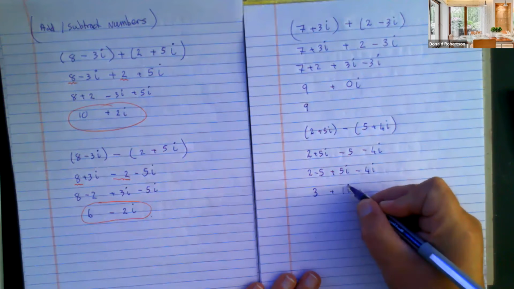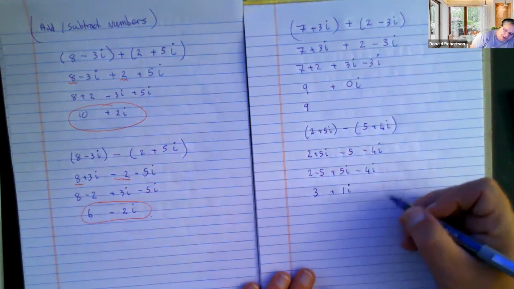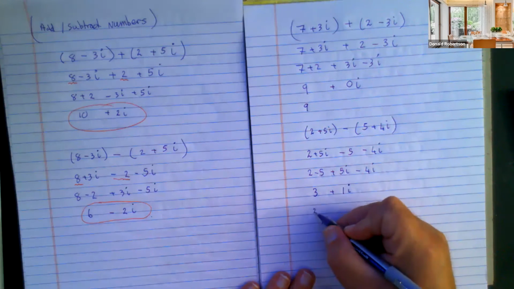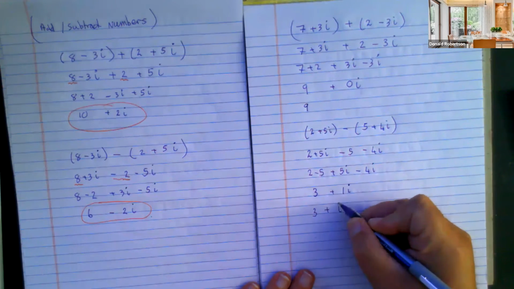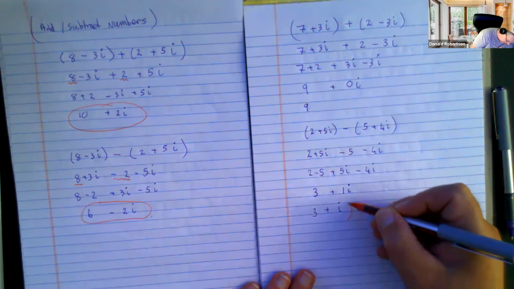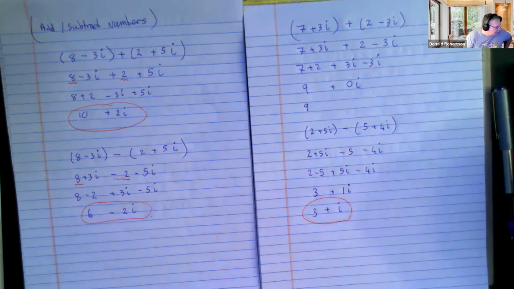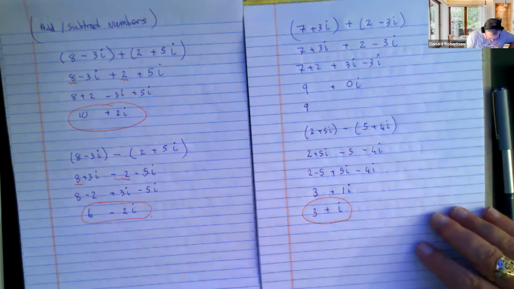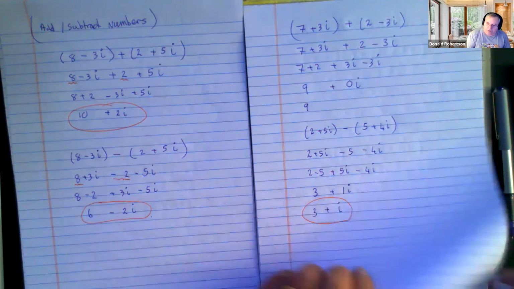That leaves me with 1i. Well, we never write 1x. We only write x if you've got one of them. And that convention still holds true. You just call that negative 3 plus i. So if you want to add or subtract fractions, I should say complex numbers, this is how you go about it.